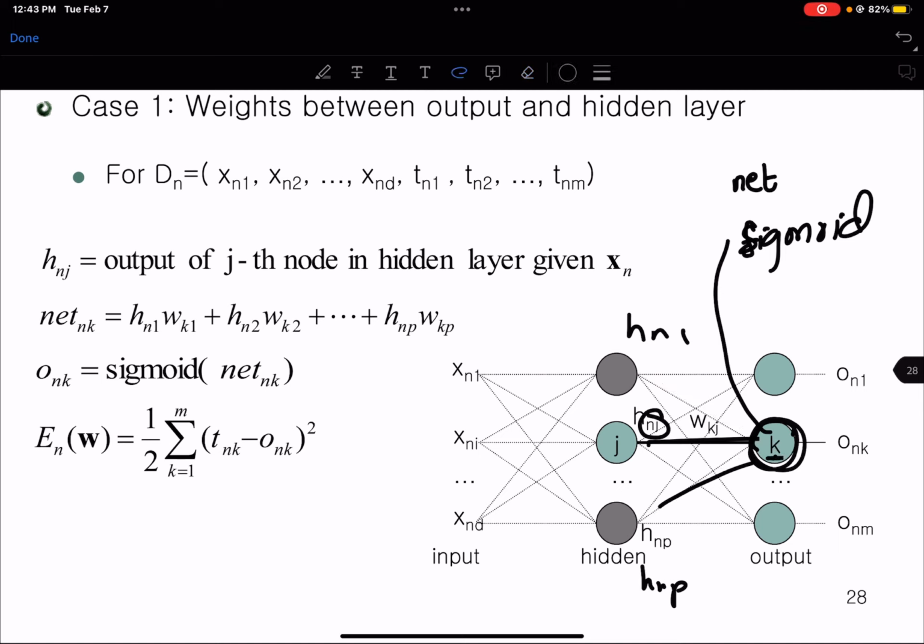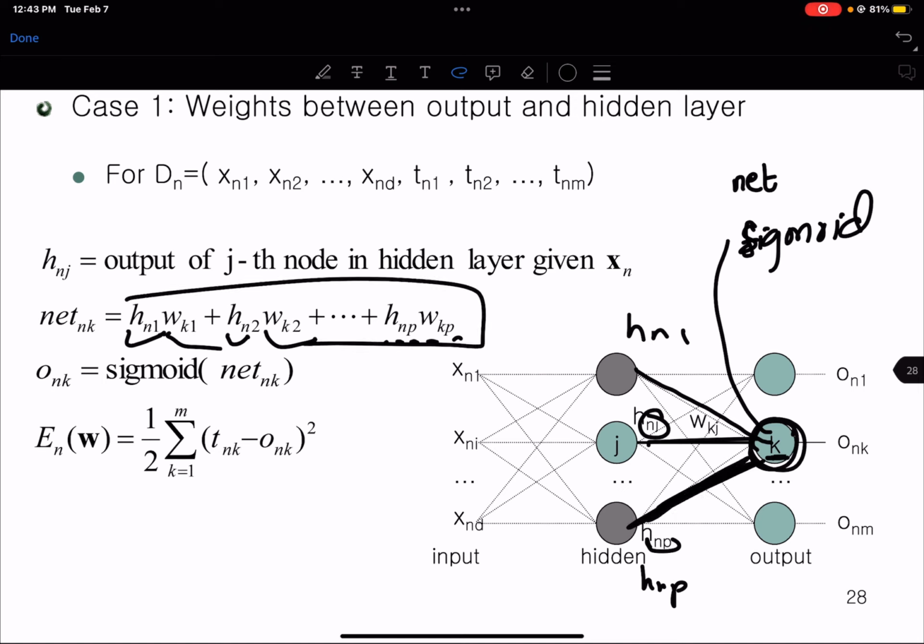So the net part of this layer will have h_n1 multiplied by the first weight over here, w_k1, h_n2 multiplied by w_k2, and so forth until we have the last hidden node output h_np multiplied by the weight on this link. This is your net_nk at this node k.